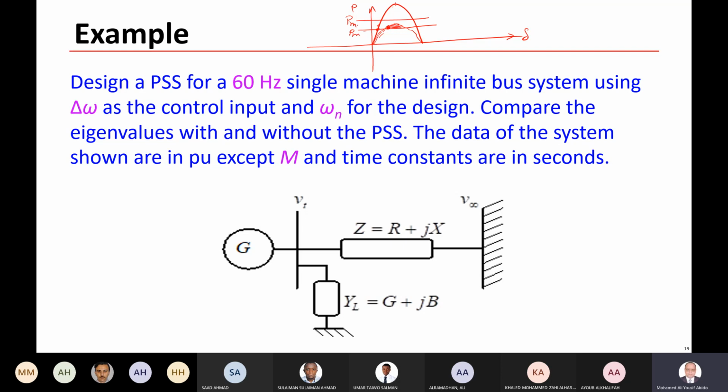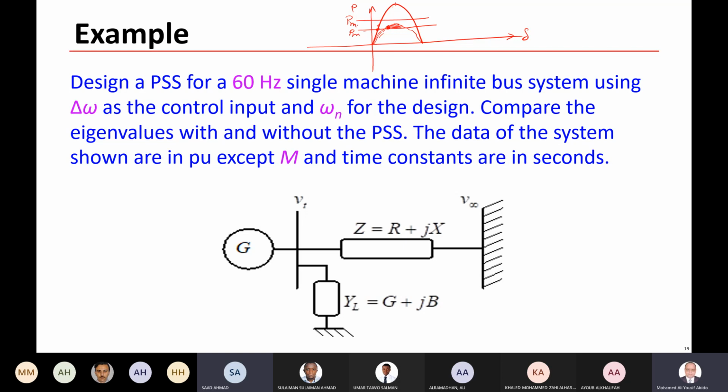This is a planning solution. And for the operational, you need to reduce the operating power or the initial condition. All right, doctor. Thank you. Okay.